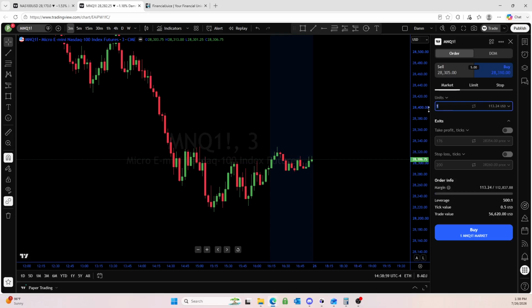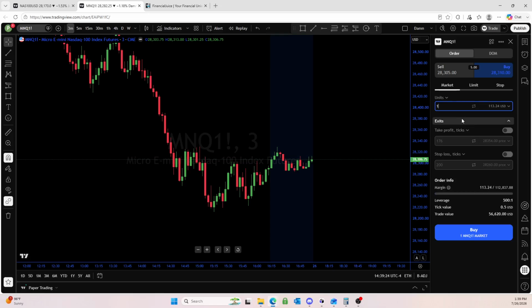This is going to be how many units you want to buy or sell. Since it's clicked on buy, this will be a long position, so you're buying. And then for sell, you're expecting price to go down, so you're shorting, you're selling. All right, this is micro, so MNQ is micro NASDAQ. If you buy one, it's going to be 50 cents per tick.